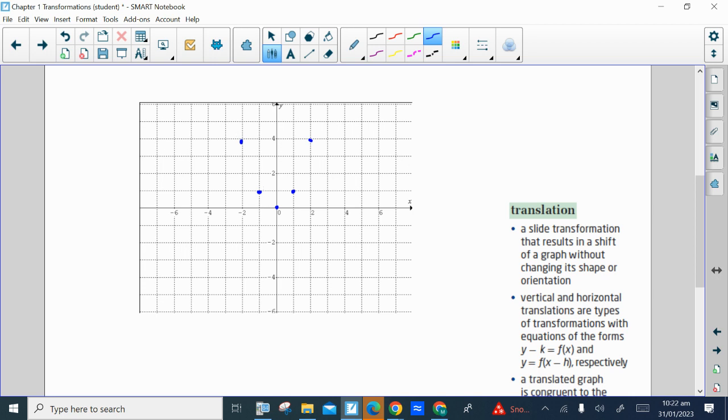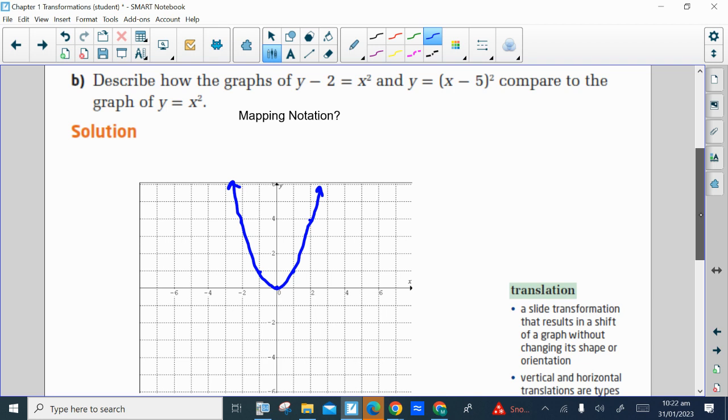Negative 2 all squared is still positive 4. So this is what that graph looks like. We always have arrows on the ends of our graph because the graph continues on in the same pattern. So there's the graph of y equals x squared.